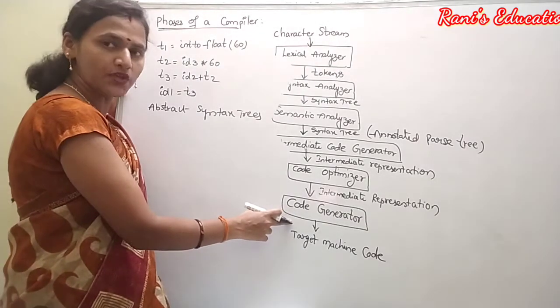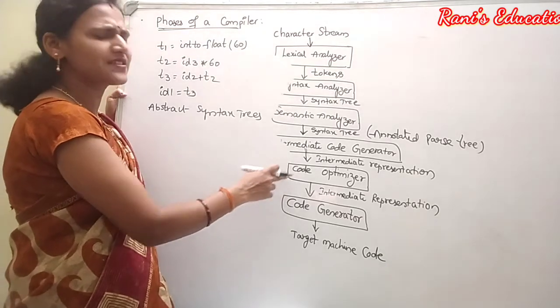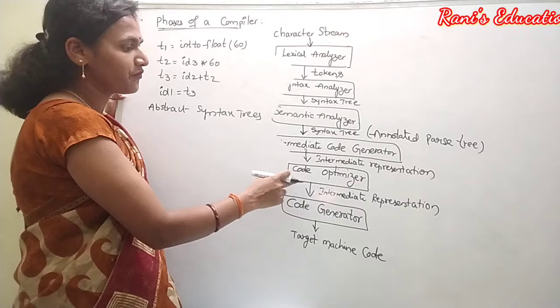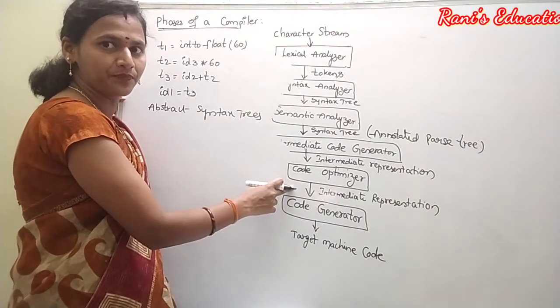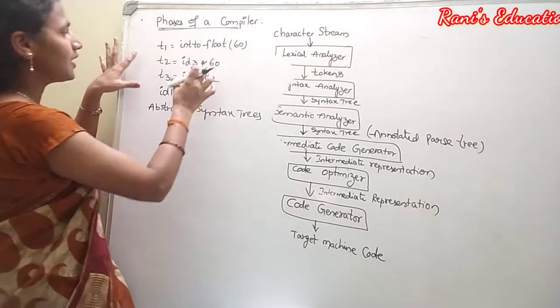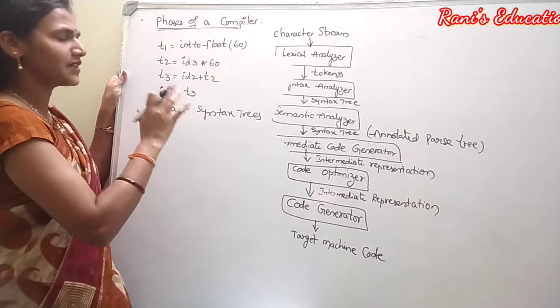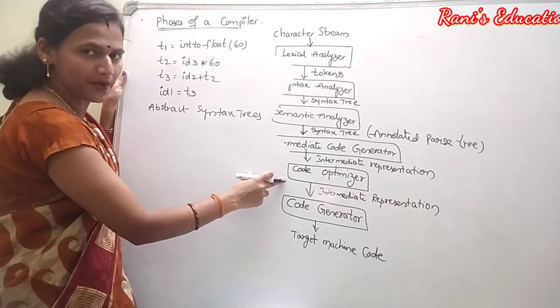Before moving on to the code generator, the code optimizer is very important, which is an optional one. Before the code generation phase, we are going to consider the machine independent code optimizer. If it is possible to reduce these lines of code, we can do that, and that is only possible with the machine independent code optimizer.